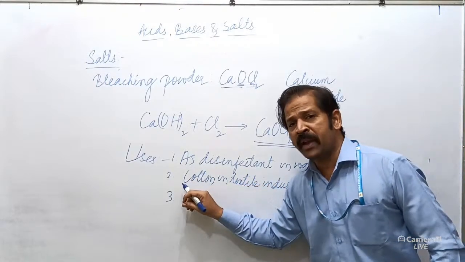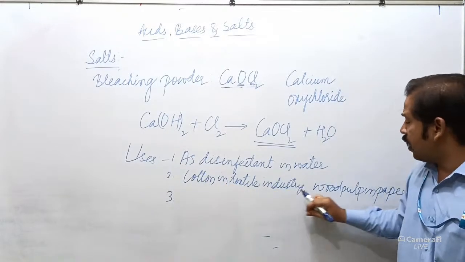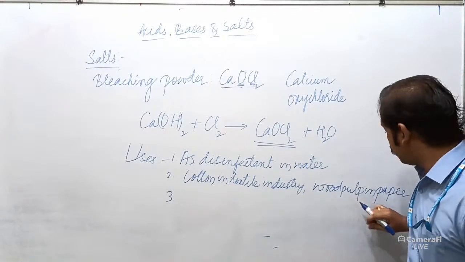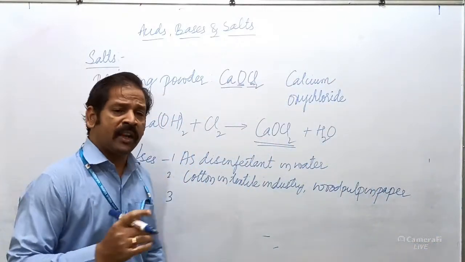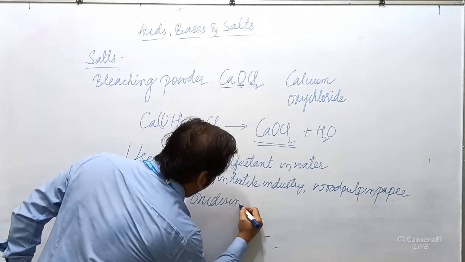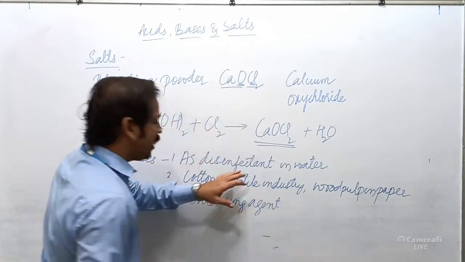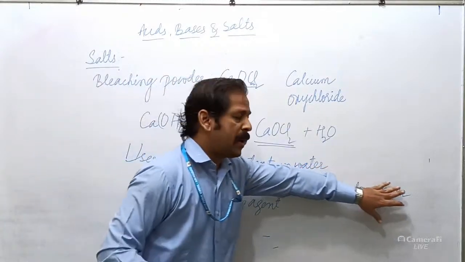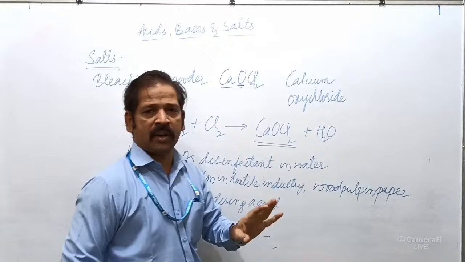Second, it is used to bleach cotton in the textile industry and wood pulp in the paper industry. Also, it is used as an oxidizing agent in both the textile and paper industries. This is about the bleaching powder.